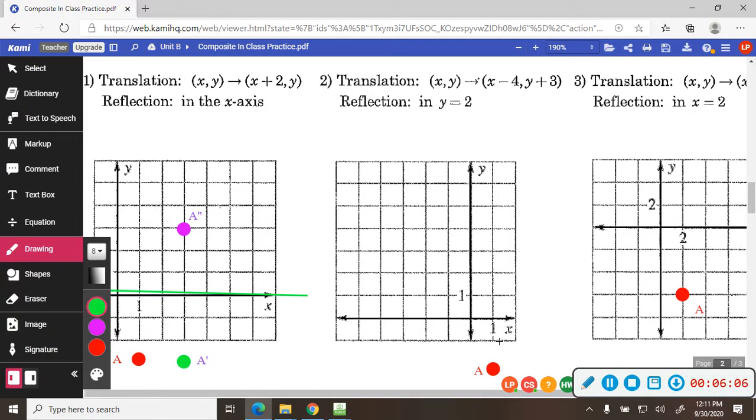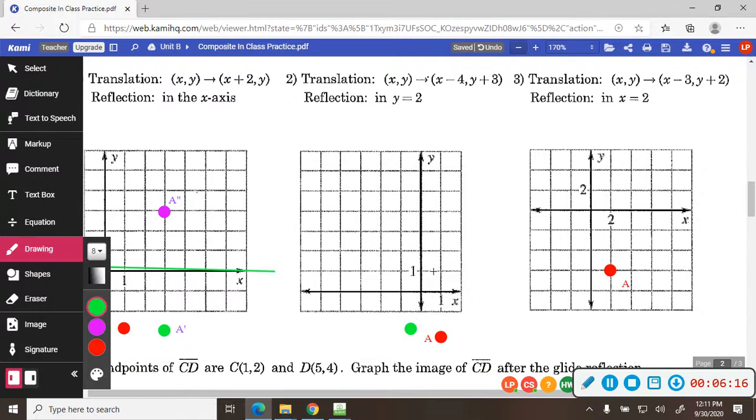And it's 1, negative 3, so this counts as 2 spaces, because it's negative 1, negative 2, negative 3. So I'm going to go 4 to the left, 3 up, 1, 2, 3, right there.